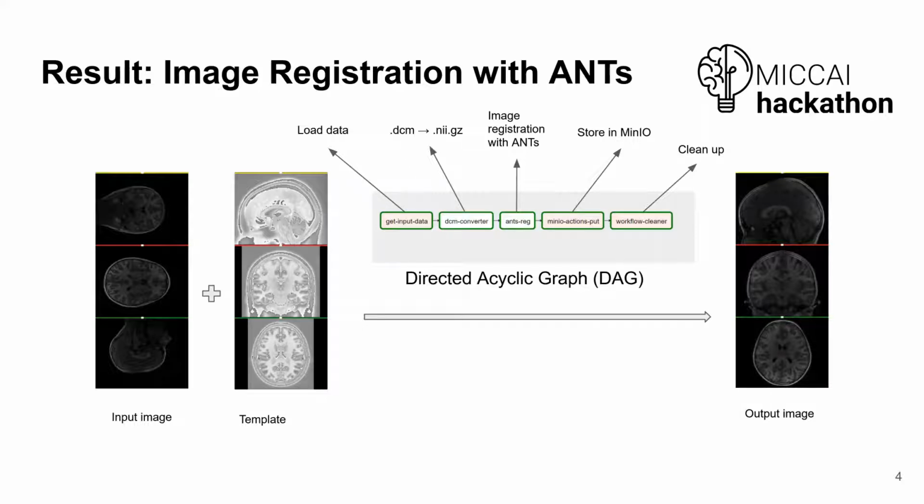And then we want to store it again and clean everything up. And we were successful in this image registration task, and it worked quite well to do that on Kaapana.